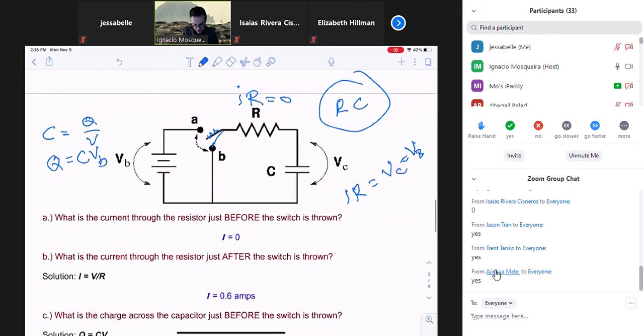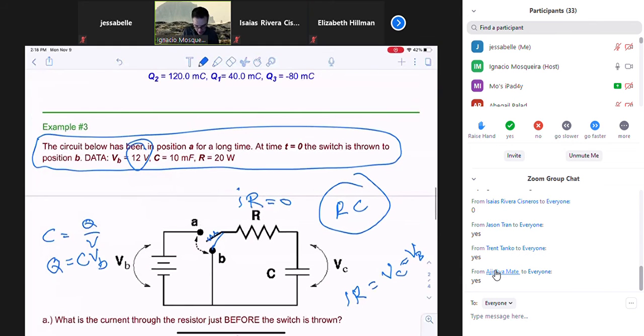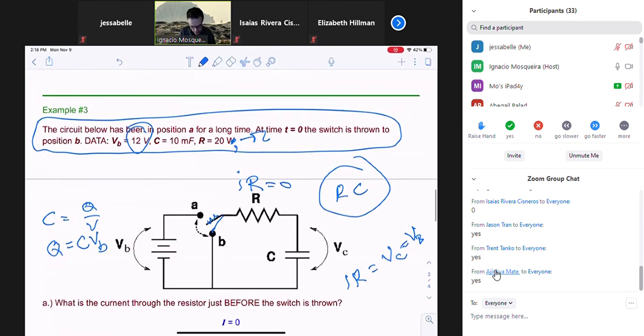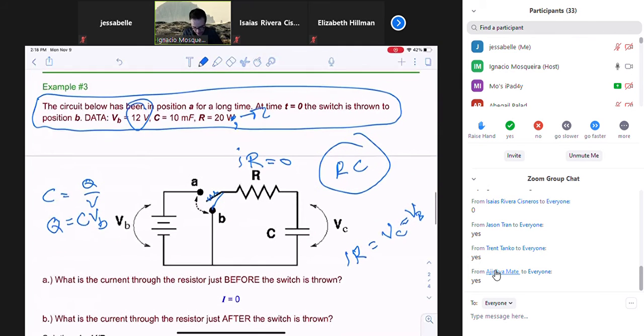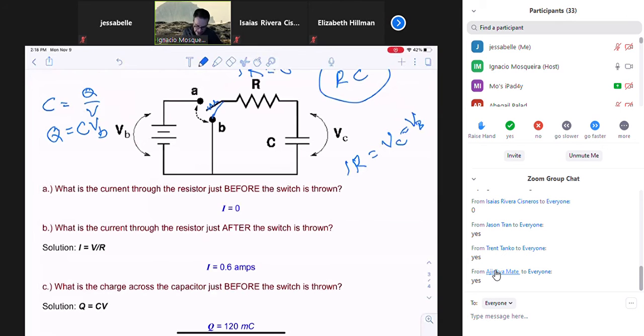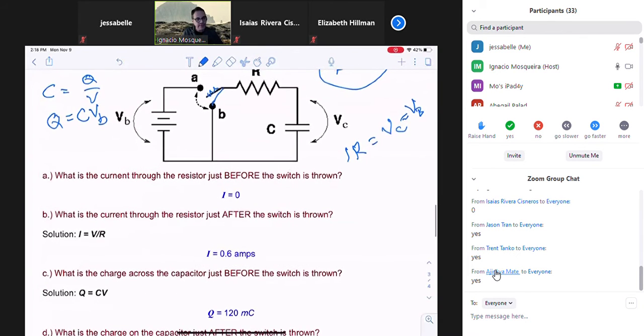So then you get 12 volts divided by R, which is 20 ohms. Okay, anyway, you divide 12 by 20, and you get that. Okay? You see how this is working out?